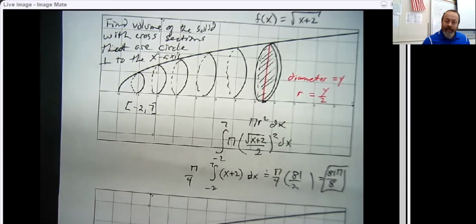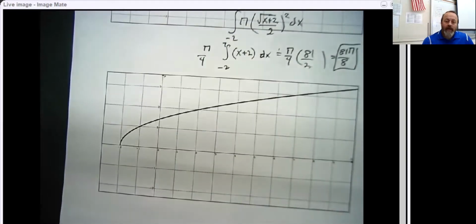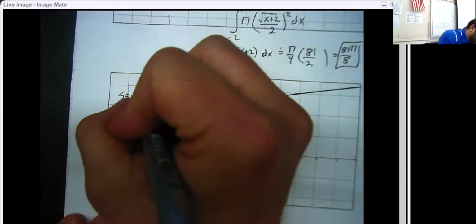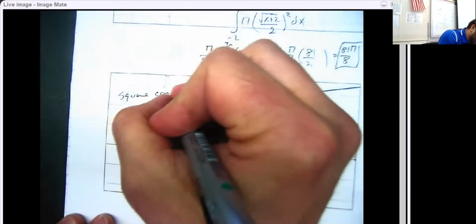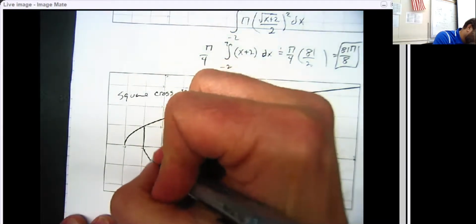So, a simple little idea. Now, just to carry on with that idea, I said, well, what if instead of dealing with cross sections that are circles, we had square cross sections? Square cross sections I have found to be a little bit harder to draw.